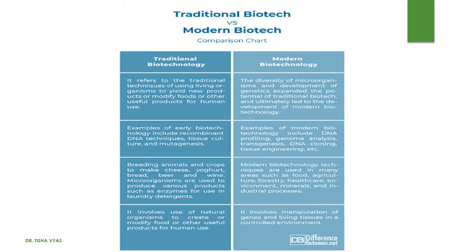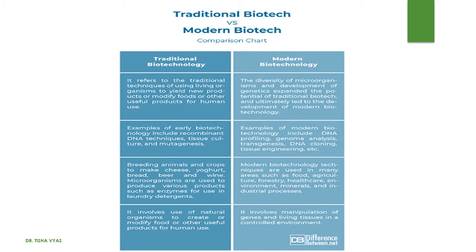The examples of traditional biotechnology include recombinant DNA techniques, tissue culture, and mutagenesis, whereas modern biotechnology includes DNA profiling, genome analysis, transgenesis, DNA cloning, tissue engineering, etc.